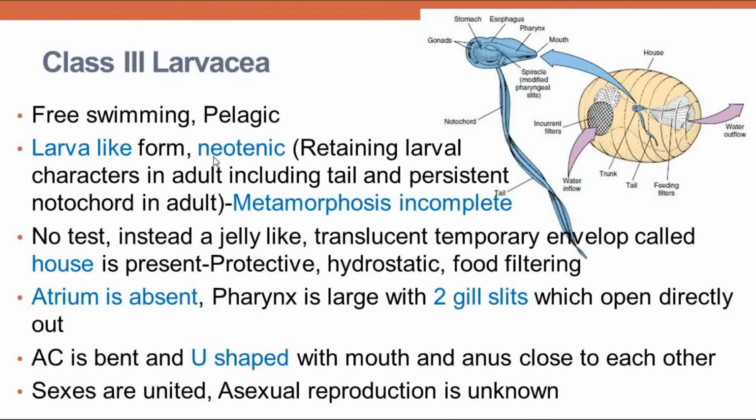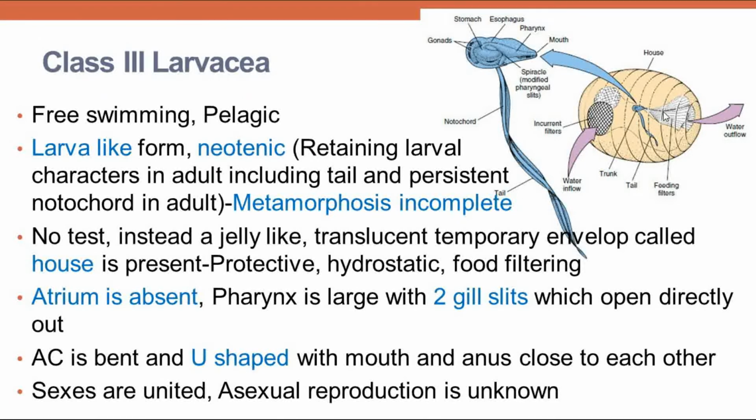Even though the organisms have become adult, they look like larvae. That's why they are called neotenic, retaining larval characters even in the adult stage, including the tail and persistent notochord. That's why it is said that they are neotenic, because their metamorphosis is incomplete.